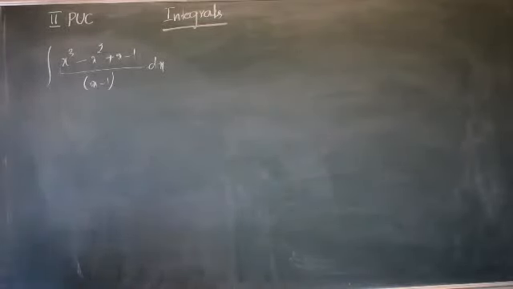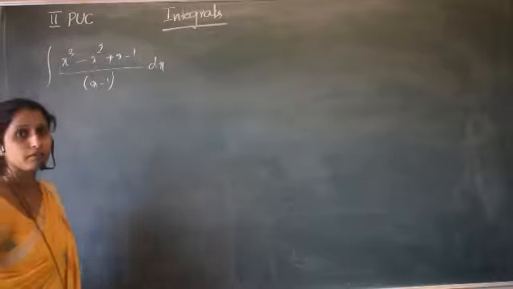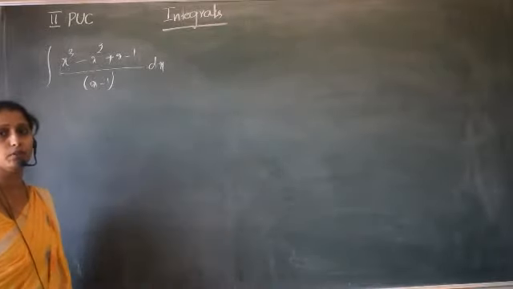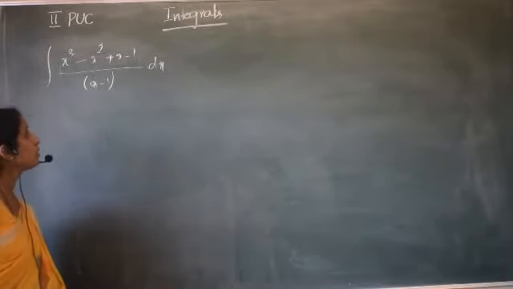So now we have to find out the integral of this. Now I cannot split this integral, why? Because the denominator is x minus 1. If it were one term, at least I could simplify the numerator and denominator. Now it is not possible.